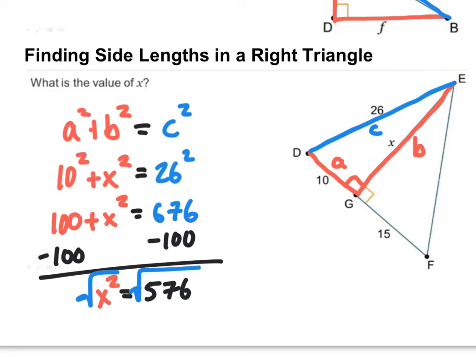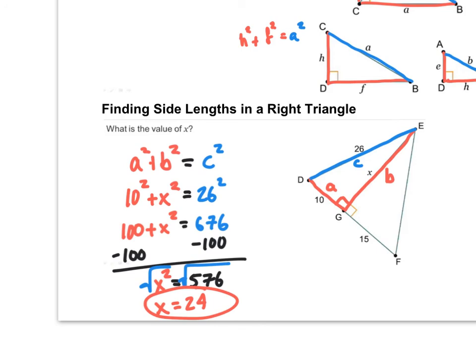So that gives me x equal to the square root of 576, which is a length of 24, okay? So this value for x is 24. Now this will pop up quite a bit, folks. On the SAT, on the ACT, you will be doing the Pythagorean theorem all the time.